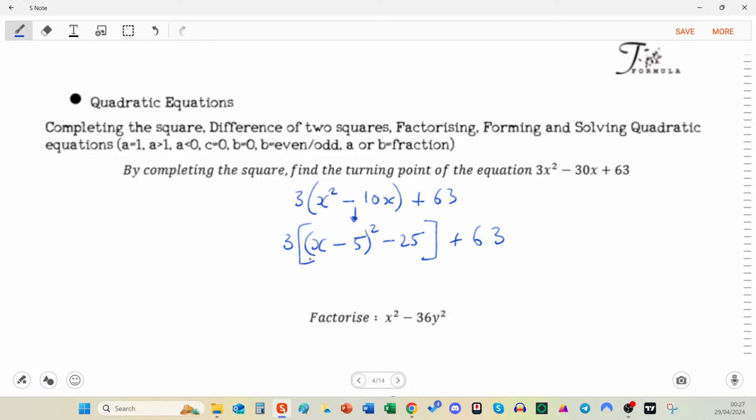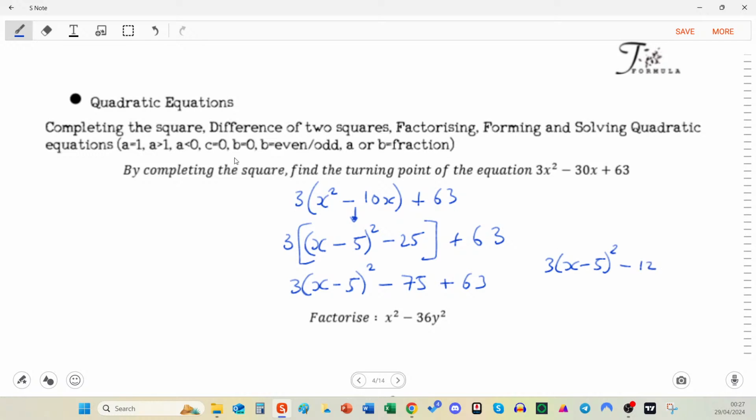The next thing is to redistribute the 3 in. So we get 3(x minus 5) squared minus 75 plus 63. And the final form is 3(x minus 5) squared, where we're looking now negative 75 plus 63 is a difference of 12, right? So take away 12.